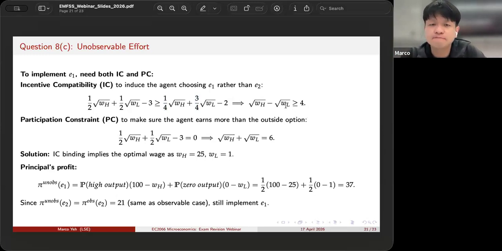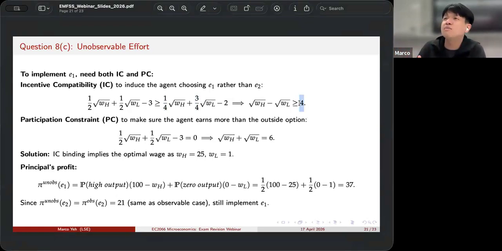This is telling us the spread must be greater than 4. If the spread is not greater than 4, look, I'm an agent. If I exert high effort or low effort, I always get more or less the same thing according to the outcome.